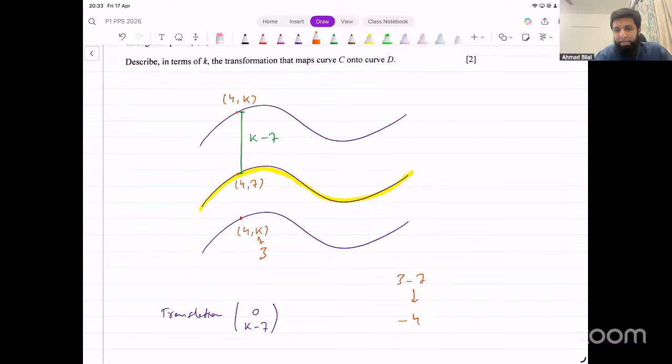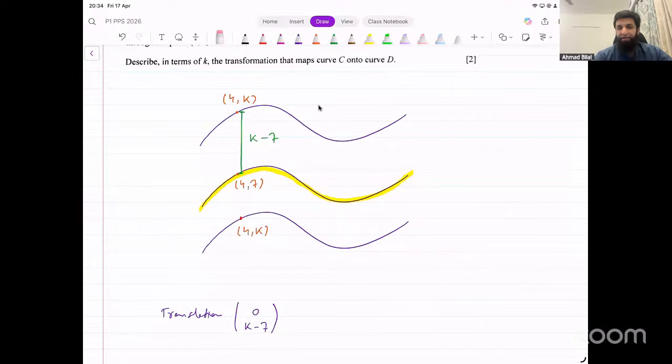So whether the second curve is below or above, you get the same vector at the end. That's k minus 7. Okay? Is that all right? We do not know that k is necessarily greater, but in the other case as well, we get the same thing.